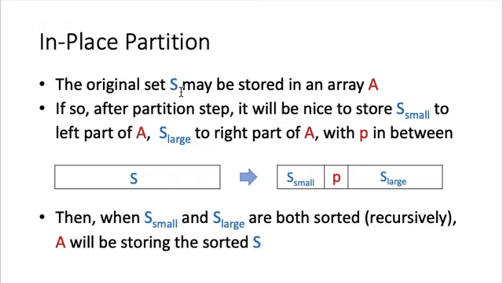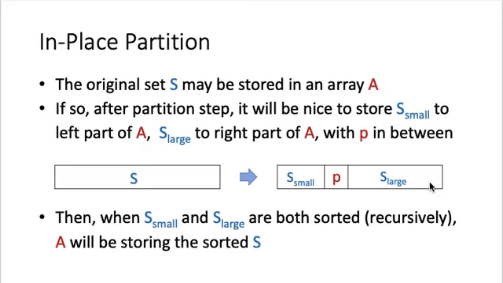In the actual implementation, the set S may be stored in a certain array A. After the partition, it would be nice to use the array A to store the result so that S small will appear in the left part of A, S large will appear in the right part of A, and P stays in the middle. If this is the case, then P will be in the correct position of A if A is ever going to store the sorted result.